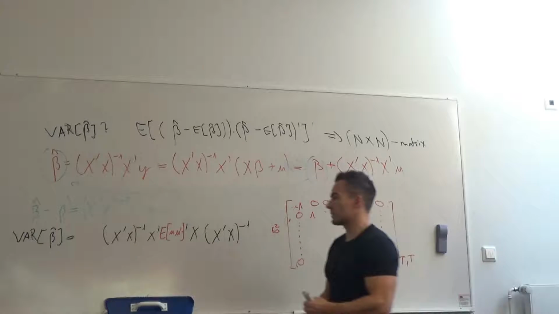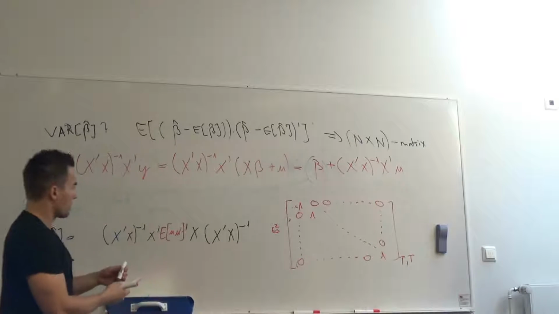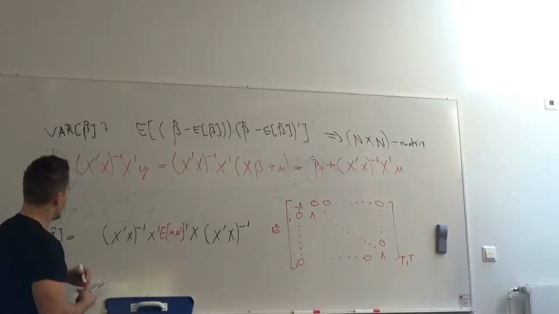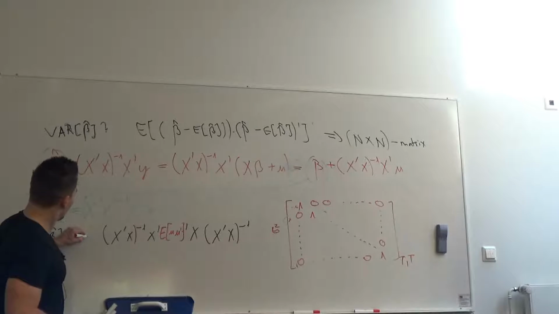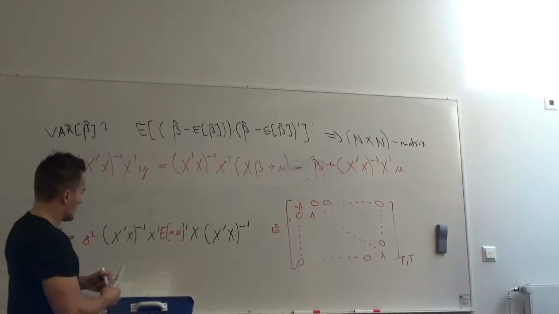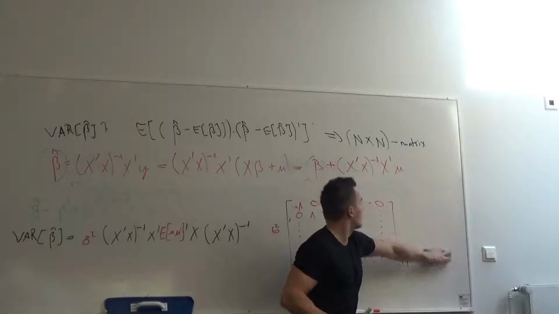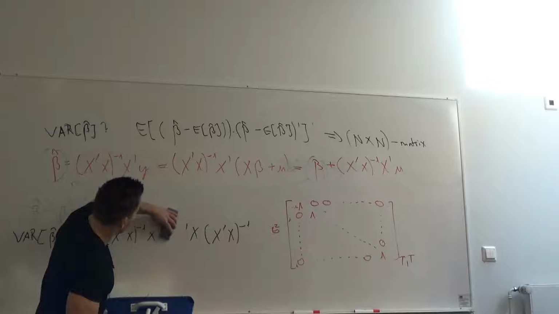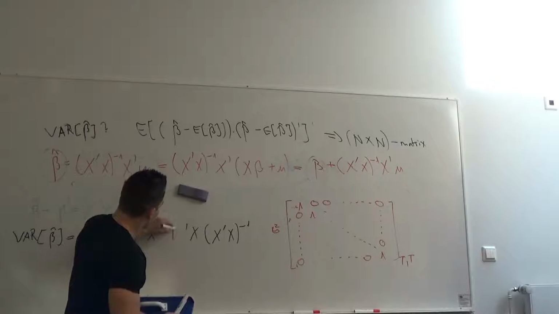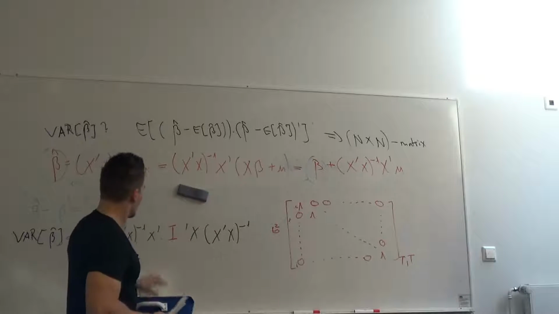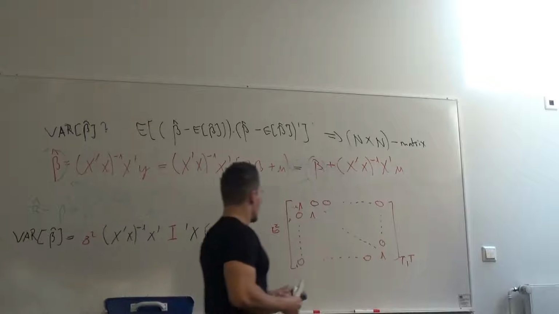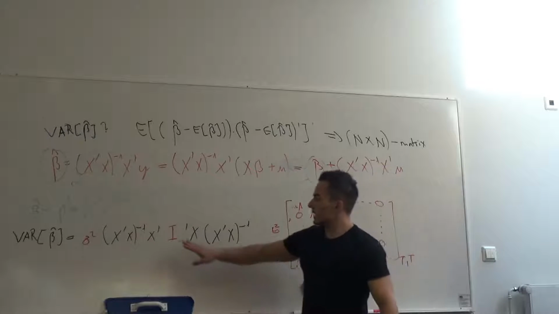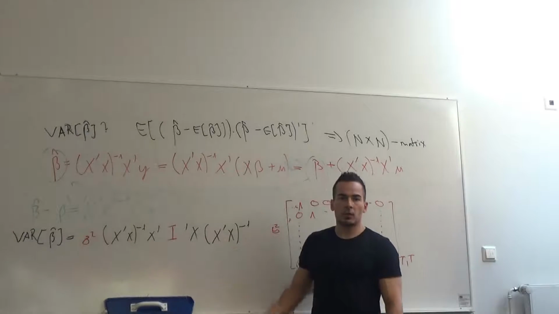So now let's move sigma squared outside here. And this guy here, obviously, is the identity matrix, because the expectation of the identity matrix is the identity matrix. And the identity matrix doesn't change anything.